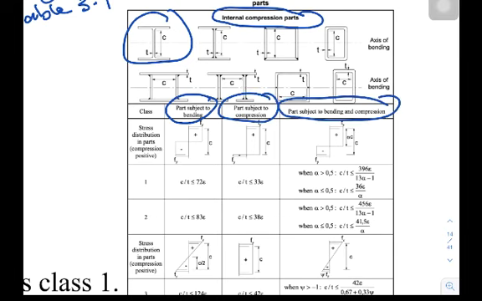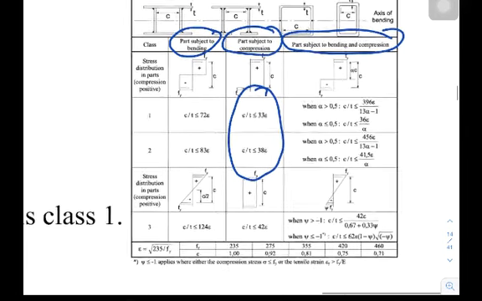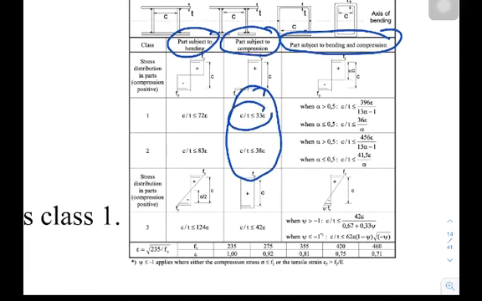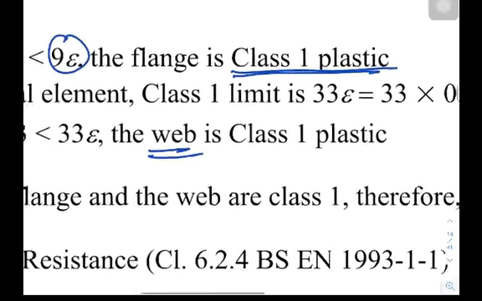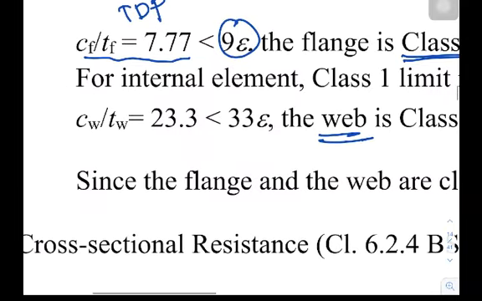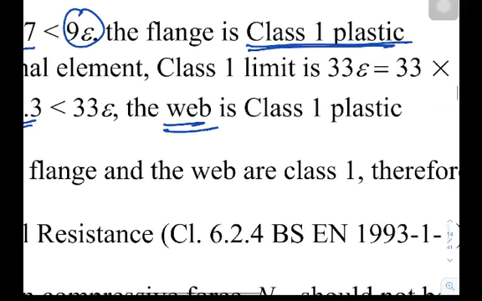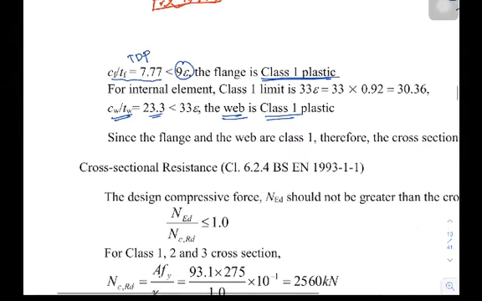Since in this case the column is subjected to compression alone, you refer to this value here. Check with this one for class 1, the limit is 33 epsilon, and you can see here that CW divided by TW, which is 23.3, is less than 33 epsilon, therefore the section is class 1. So now the whole section will be class 1.